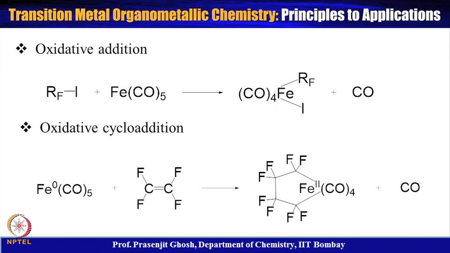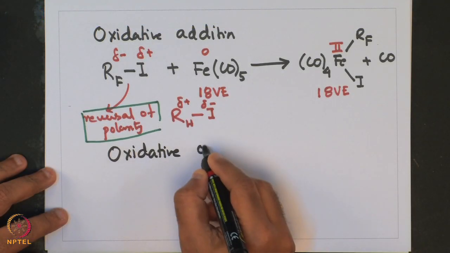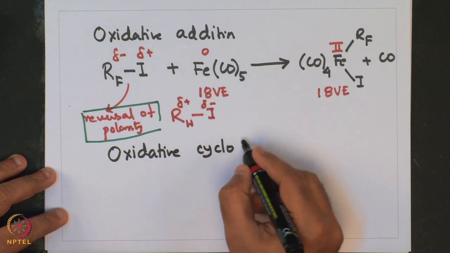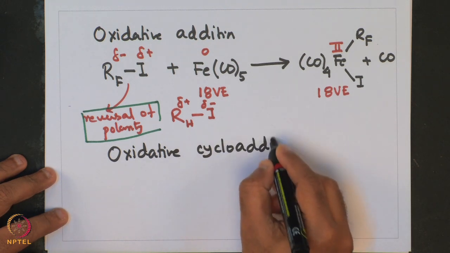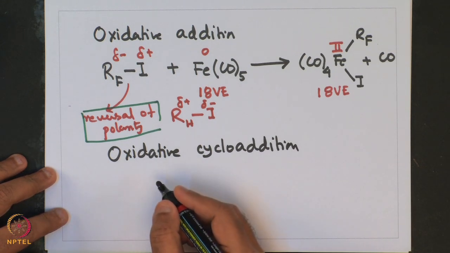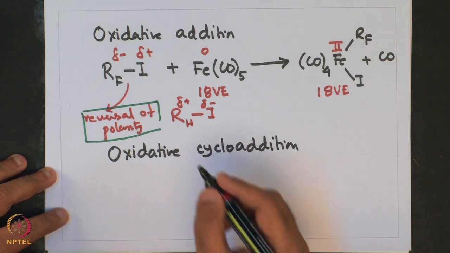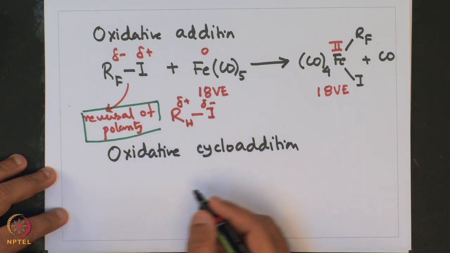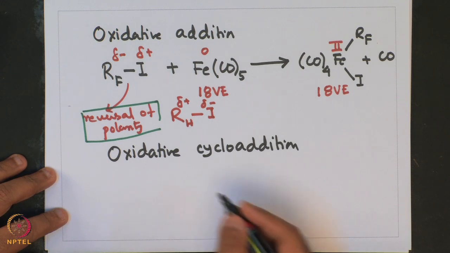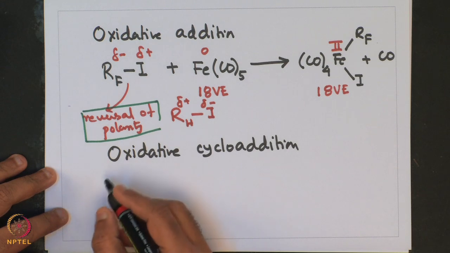Another method that exists is called oxidative cycloaddition. This involves addition of an olefin of perfluoroalkyl compound, resulting in a metallocycle of the type shown.